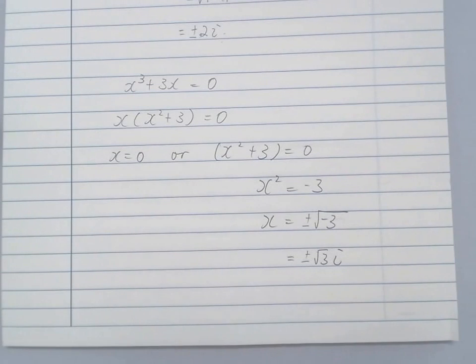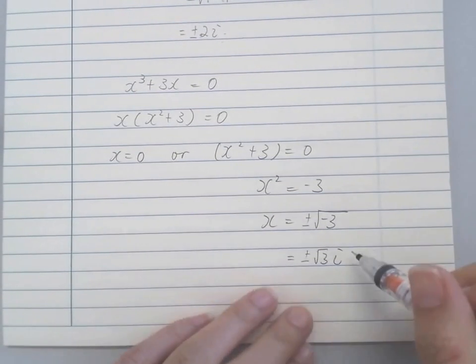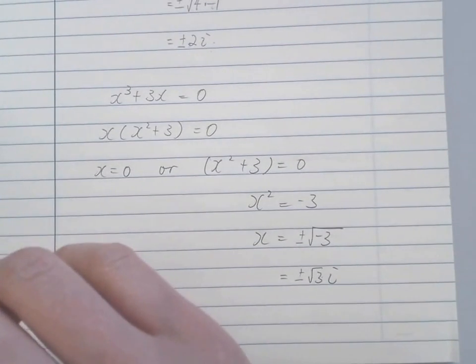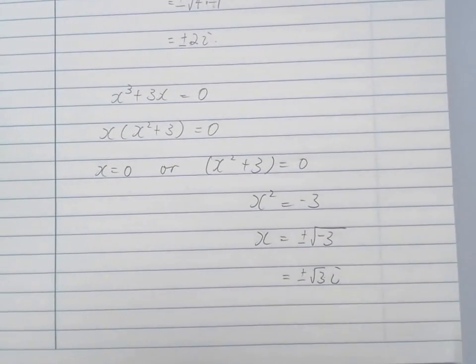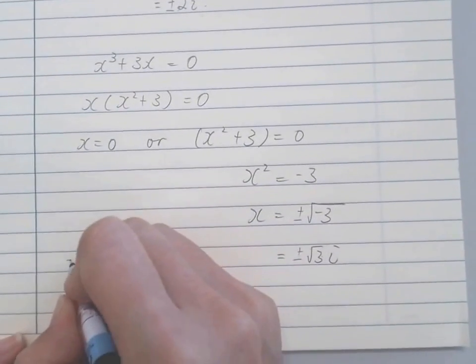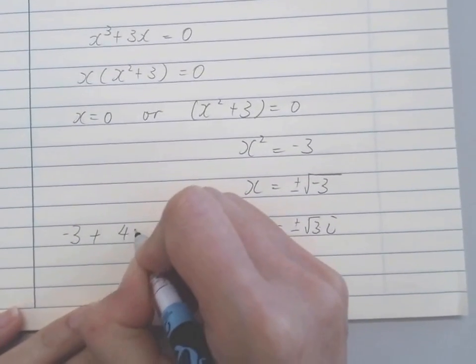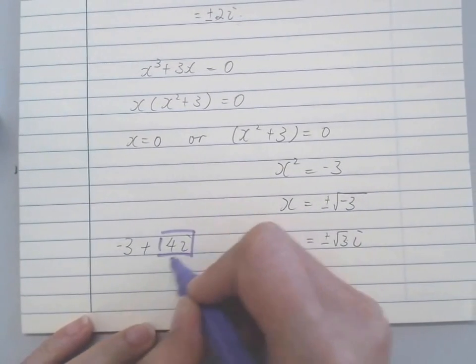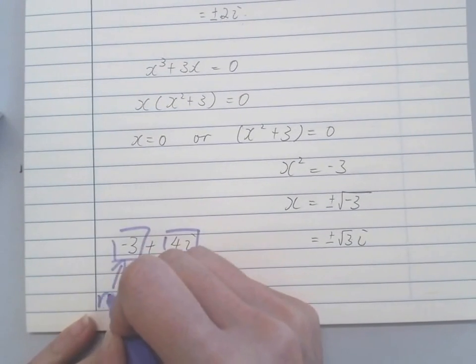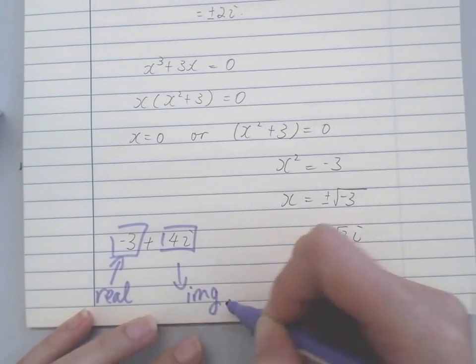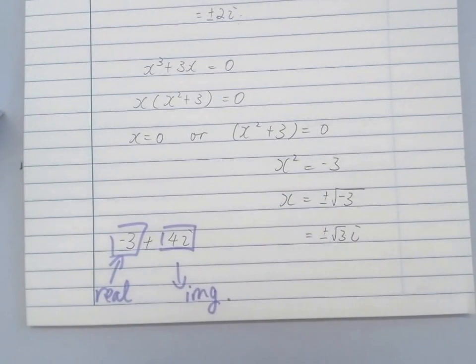And that is how we manipulate the imaginary number to make things work. And yes, previously we talked about this. For example, if we have -3 plus 4i, this is the real part, and this is the imaginary part because it contains the i.